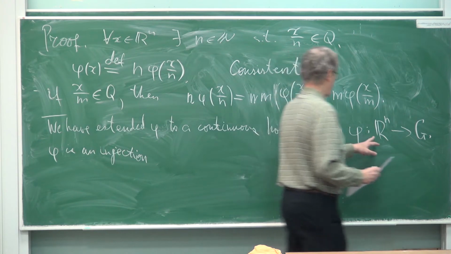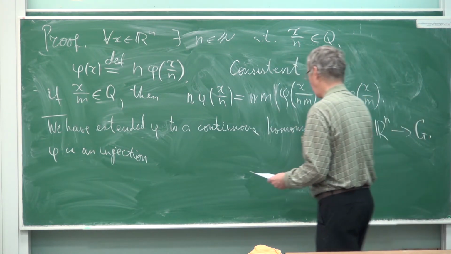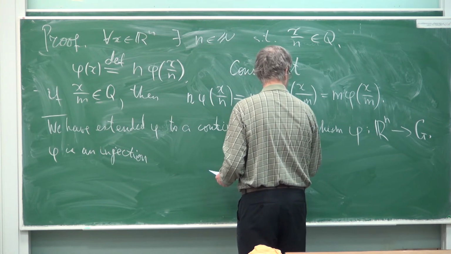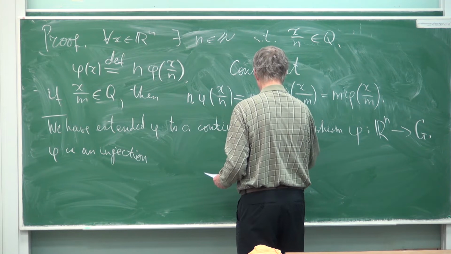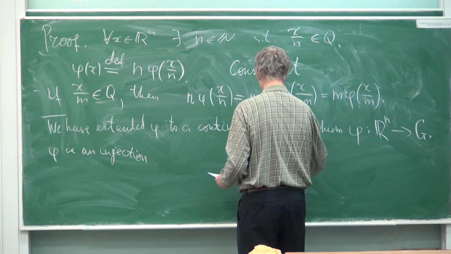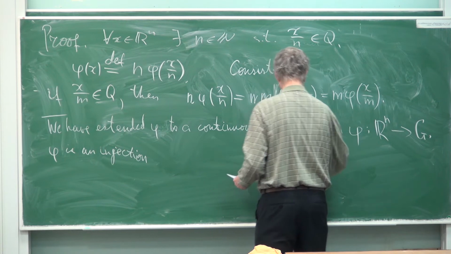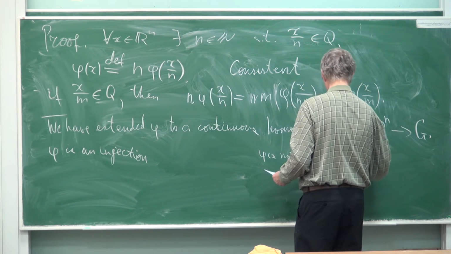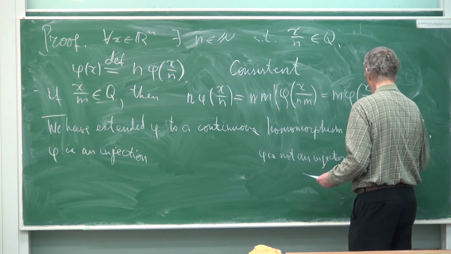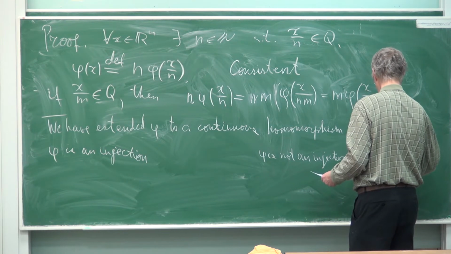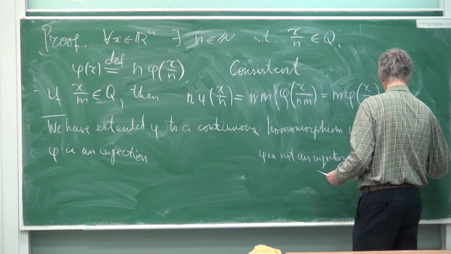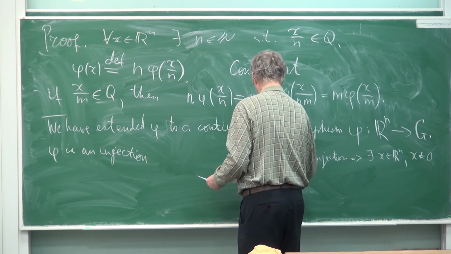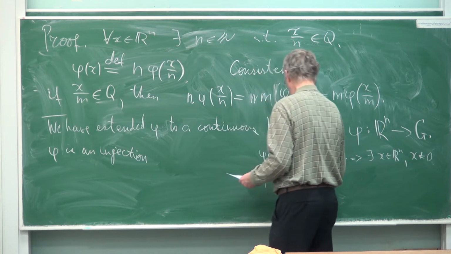Because if it is not an injection, then there is a non-zero element x so that phi of x is equal to 0, okay?